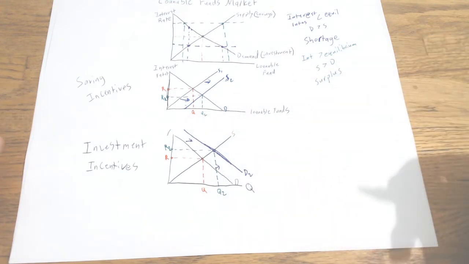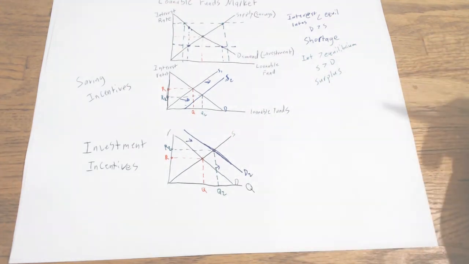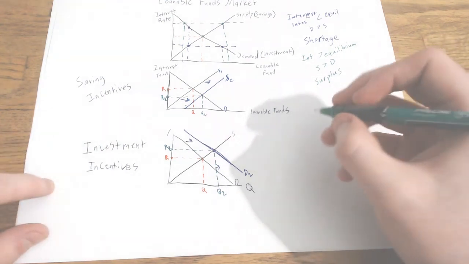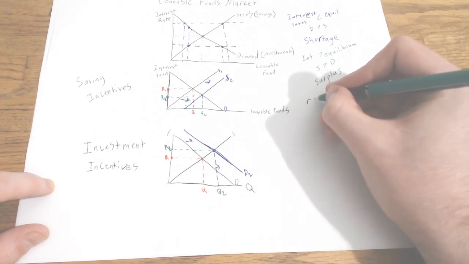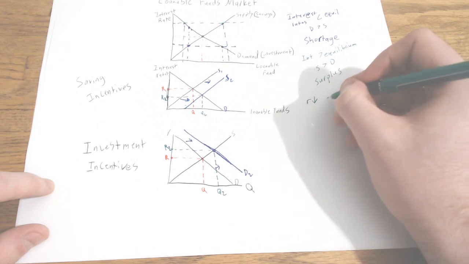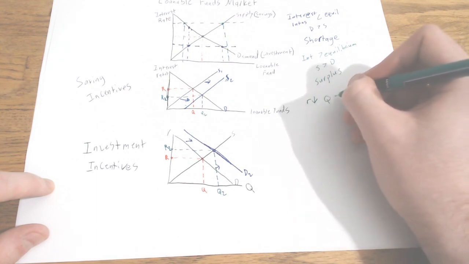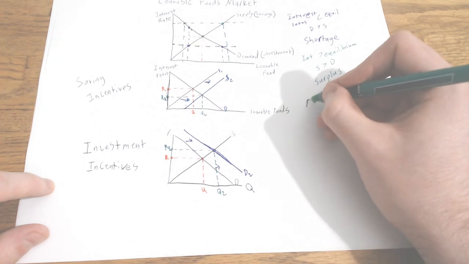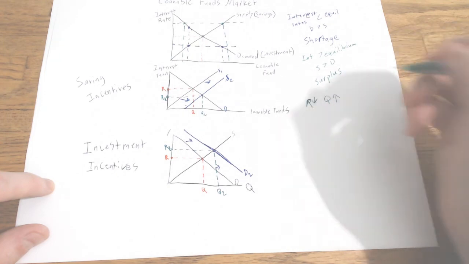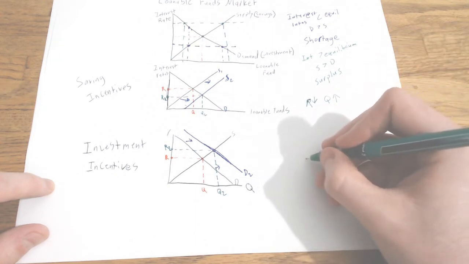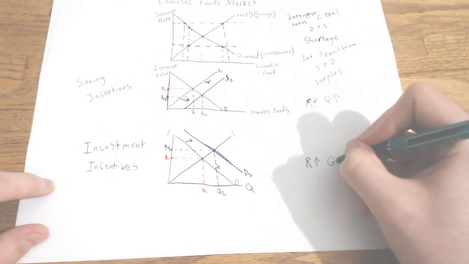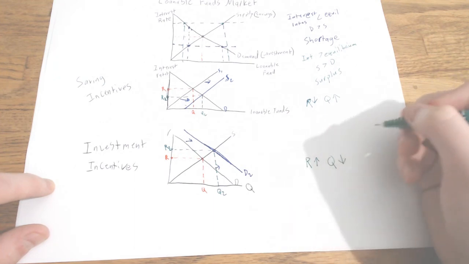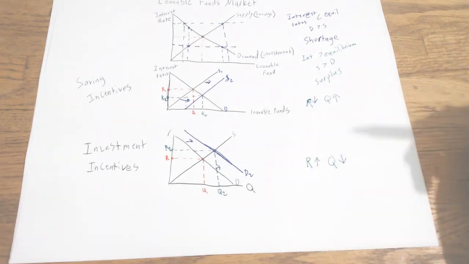So our interest rates are higher and our quantity is higher. So here, what was the case? Our R decreased and our Q increased. And then here, our R increased and our Q increased. And of course, the opposite is true for all of these.